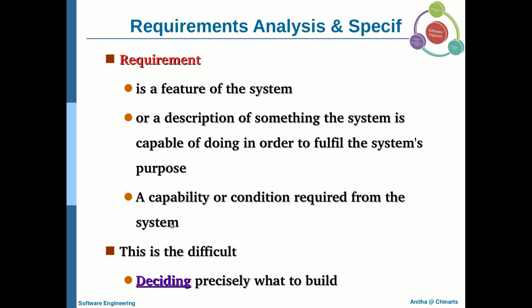Say, for example, if your system can automatically generate student reports year wise, semester wise, subject wise, pass percentage wise, that is a capability of the system and can also be called a requirement.